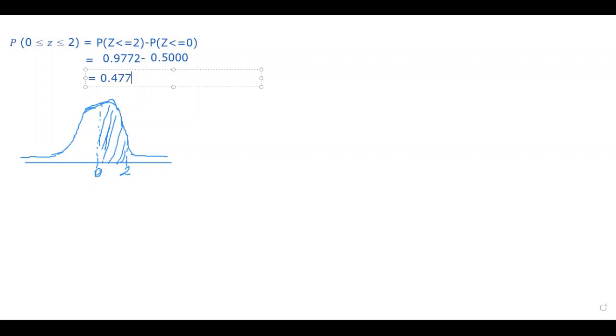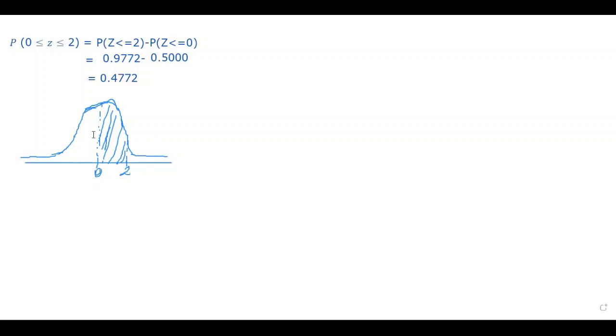0.4772. So this will be your probability for what? This area covered, between 0 and 2, that's the probability.